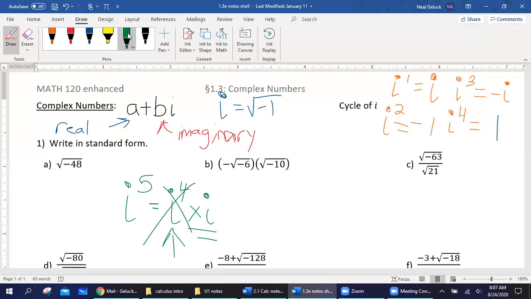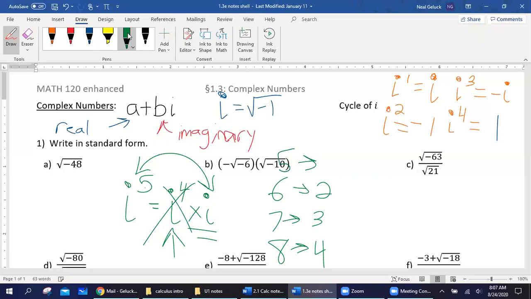I'm just left with i. So i to the fifth is the same thing as i. That's bizarre. And the cycle keeps going. Any higher power just keeps cycling through the cycle of 4. So i to the sixth would be the same thing as i to the second. i to the seventh, same thing as i to the third. i to the eighth, same thing as i to the fourth. And then the cycle repeats.